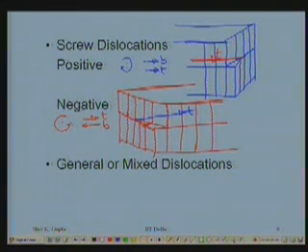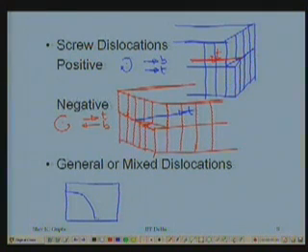However, in the mixed dislocation, the dislocation line is not a straight line, it's a curved line. In here, let's say this is my slip plane, and I said the slip plane is the one which contains both the B vector and the T vector.